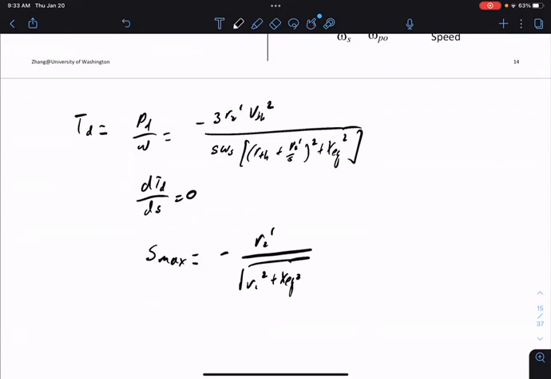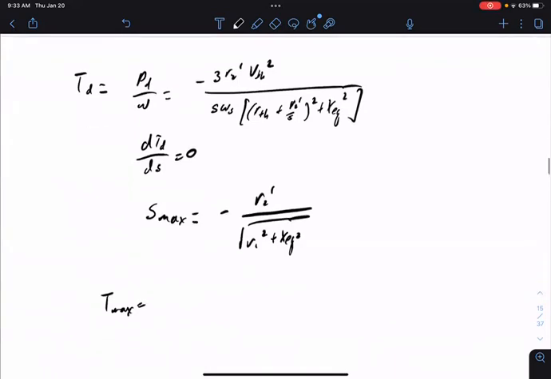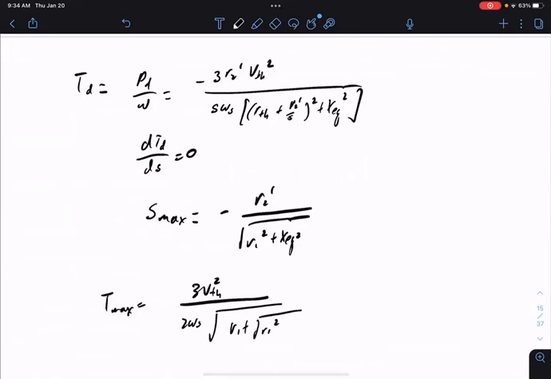Then for the maximum torque, or the pull-out torque, you substitute this back in. This is 3 VTH squared over 2 omega S times R1 plus the square root of R1 squared plus X equivalent squared.